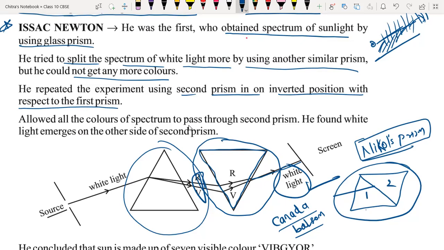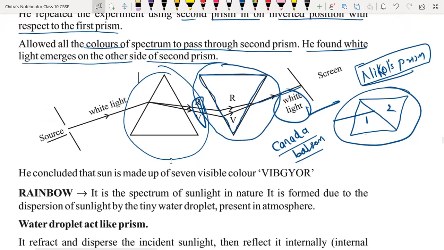He concluded that white light contains all the 7 colors only. The colors of the spectrum passed through the second prism, and white light emerged on the other side of the glass prism. So what did he conclude? He concluded that sunlight is made up of the 7 visible colors.